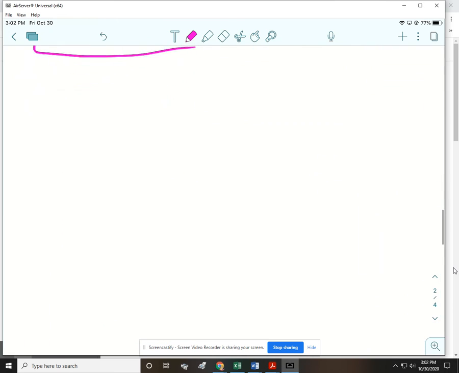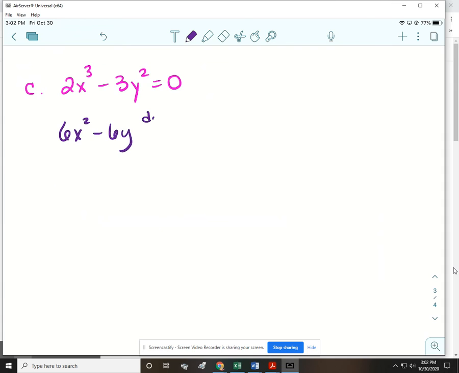All right, we're going to do one more. For C, we have 2x cubed minus 3y squared equals 0. So I'll go ahead and do the power rule and the chain rule, and then solve this for dy over dx.